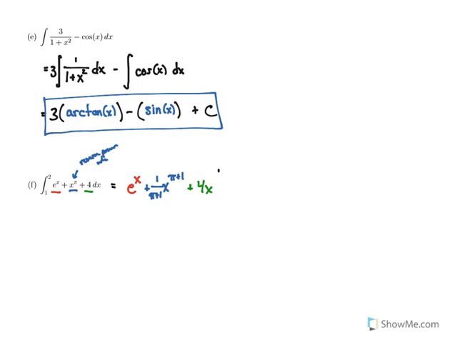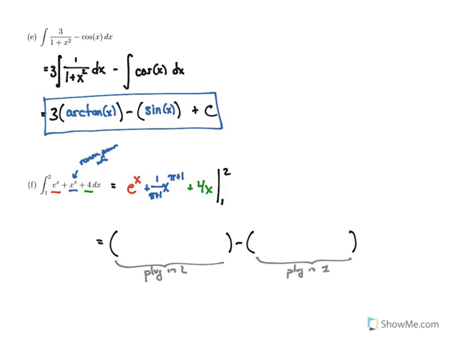We don't add c, but we evaluate from 1 to 2. So we plug in 2 and we subtract off plugging in 1. So you write that here. We're going to plug in 2. Here we're going to plug in 1, and we're going to subtract.